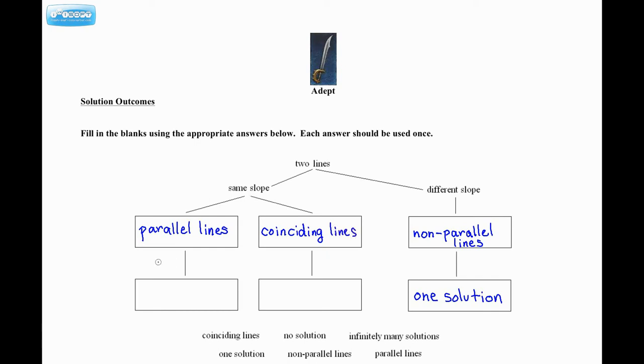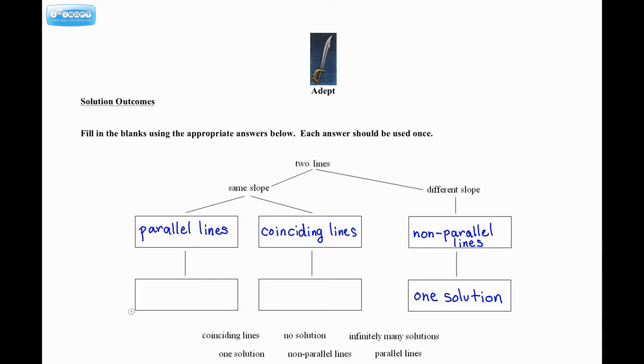So in both cases, for parallel lines and coinciding lines, the slopes are the same. But when the lines are parallel, we know that our y-intercepts are different. So there's no intersection. For coinciding lines, yes, the slopes are the same, but so are the y-intercepts. In fact, every point on the line is the same as the other. So what does that tell us about how many solutions there are, meaning how many places do they intersect?